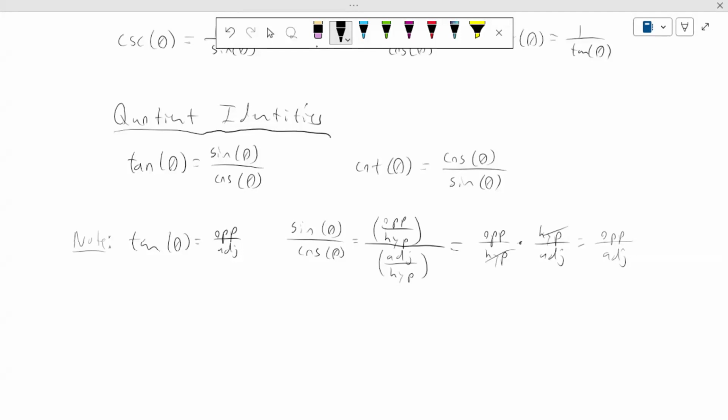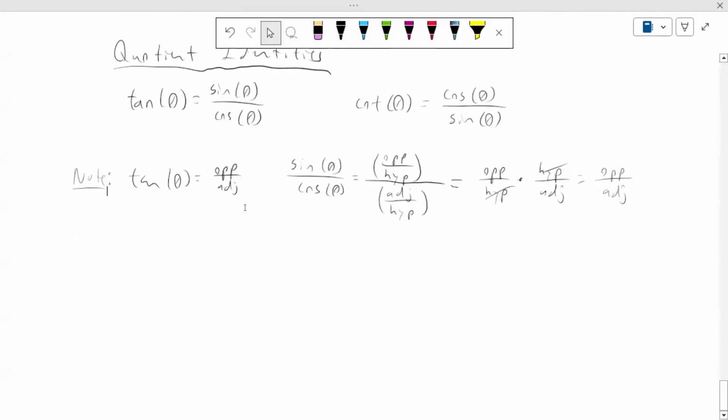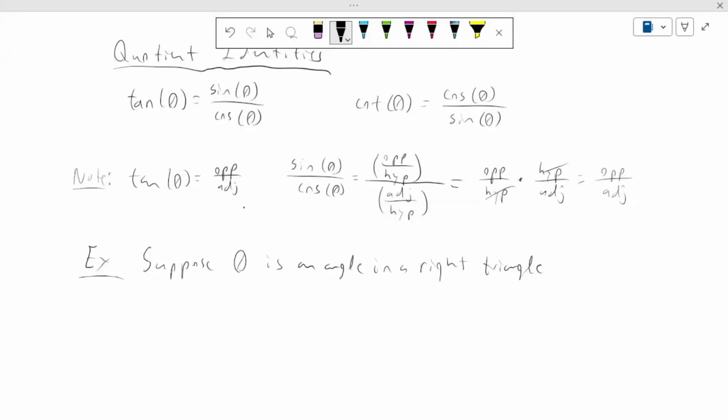Okay, so what can we do with these identities? Well, let's find out. Let's suppose theta is an angle in a right triangle, and that sine of theta is equal to 1 divided by the square root of 5.